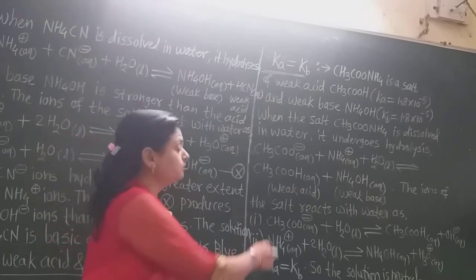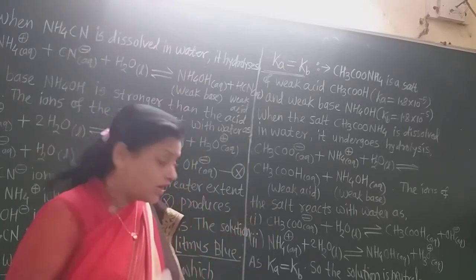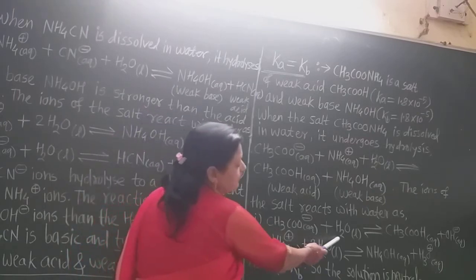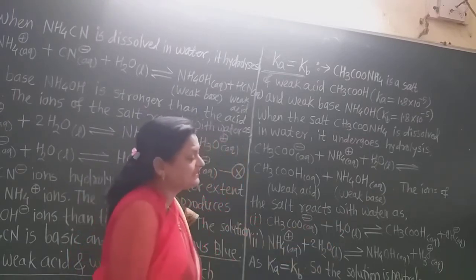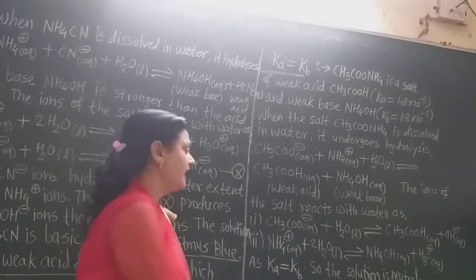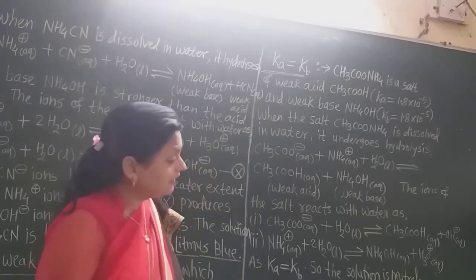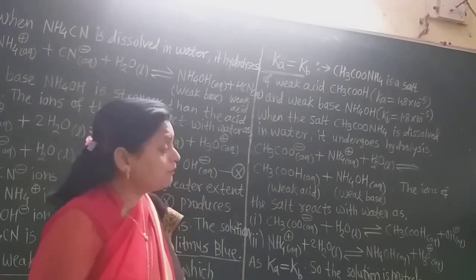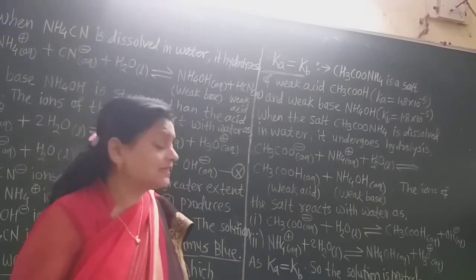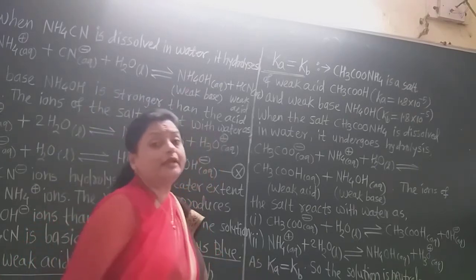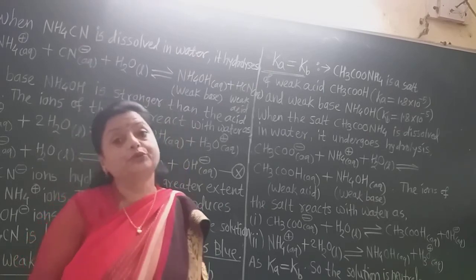Now the ions of the salt with water also get hydrolyzed. When acetate ions are hydrolyzed with water, they form the weak acid, acetic acid, and OH- ion. And when the ammonium ion reacts with water, it forms ammonium hydroxide and H3O+ ion. Now the proportions of OH- and H3O+ are equal, therefore Ka is equal to Kb, and so the solution is neutral in this case.